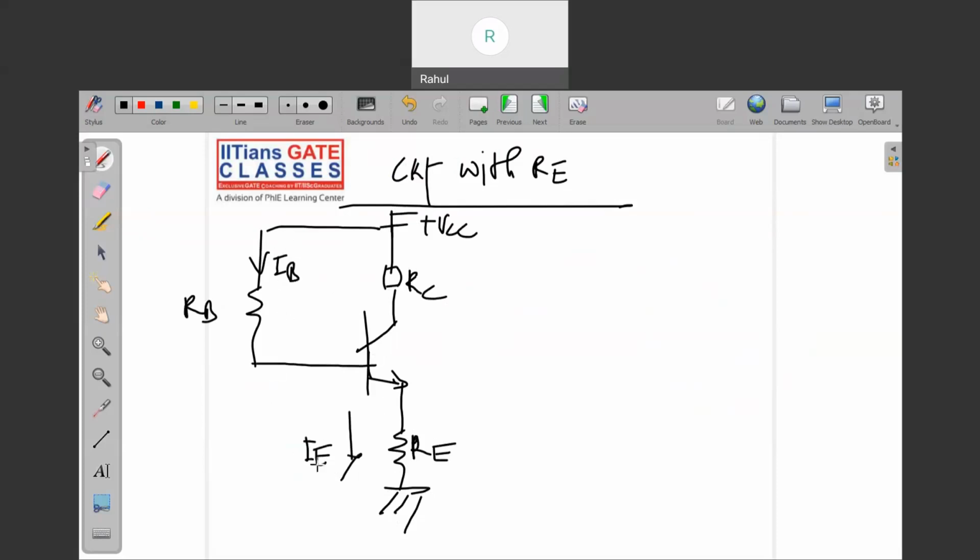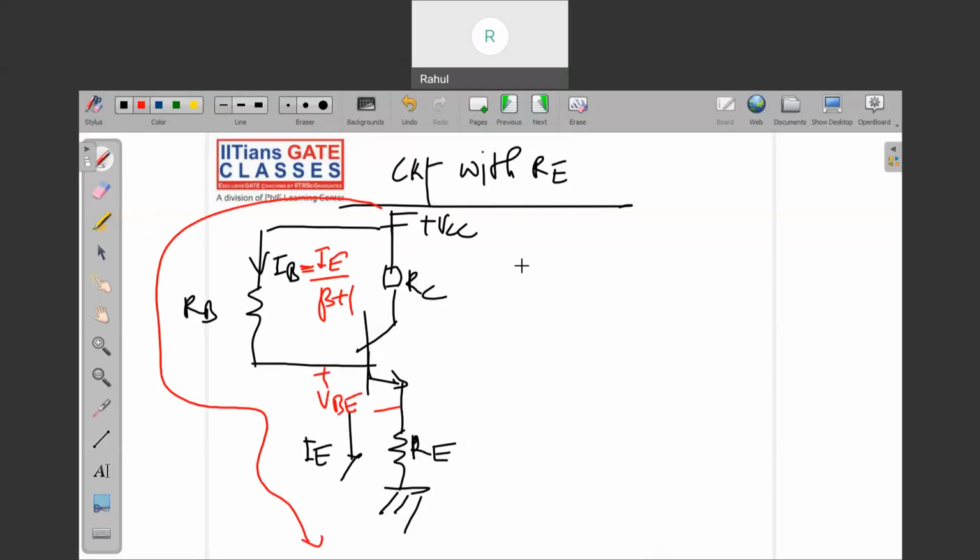If this is IB, then what is IE? IE will be beta plus 1 times IB. Remember always, if this is IE, then IB will be equal to IE upon beta plus 1. So if I apply one KVL here, the voltage across this is VBE.